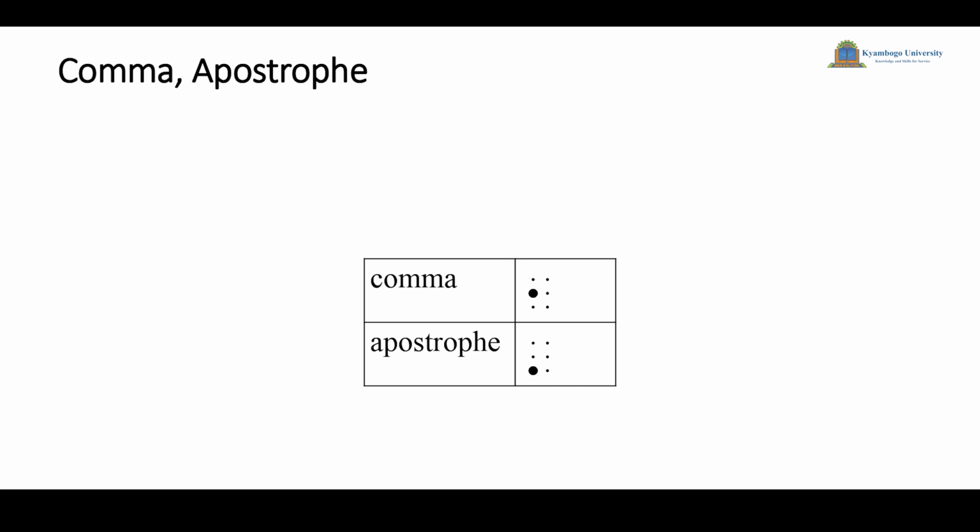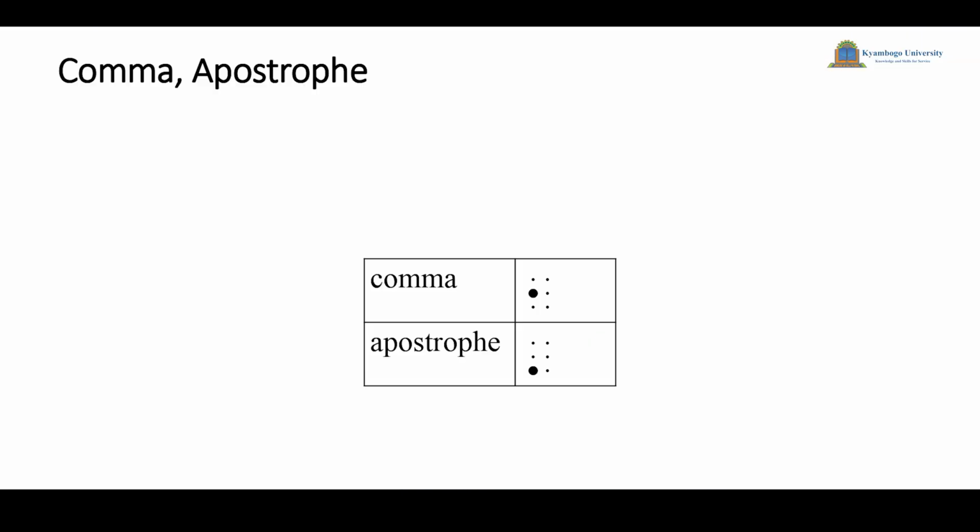The reading position for apostrophe is dot 3. And once again, to remind you, the reading position is different from the writing position. So if you want it to appear in its proper reading position as dot 3, you go to its opposite position, which is dot 6, and you get it right. With that, we proceed with our exercise.